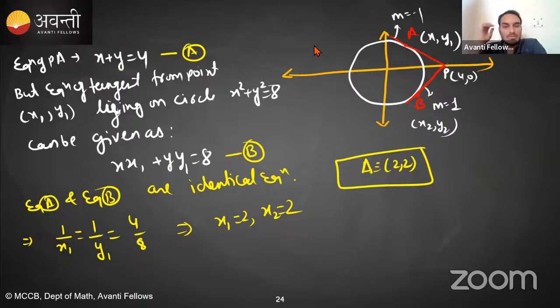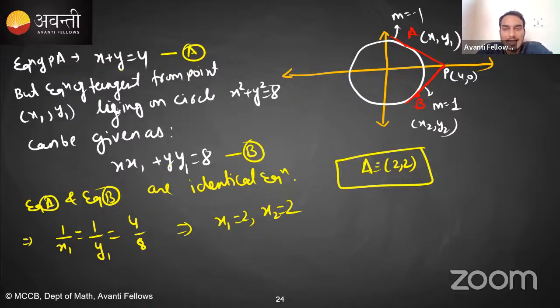See, from the external point, first we find the tangent. Now we got the tangent, but if somebody is asking us to find the point of contact, it means where this tangent is touching the circle, right? So if the tangent is touching the circle, let's say that point is x1 comma y1.